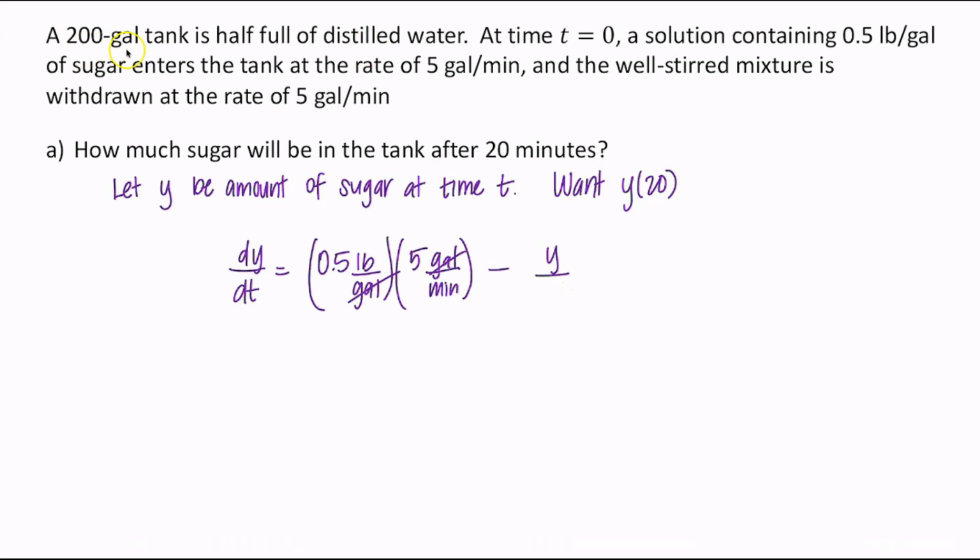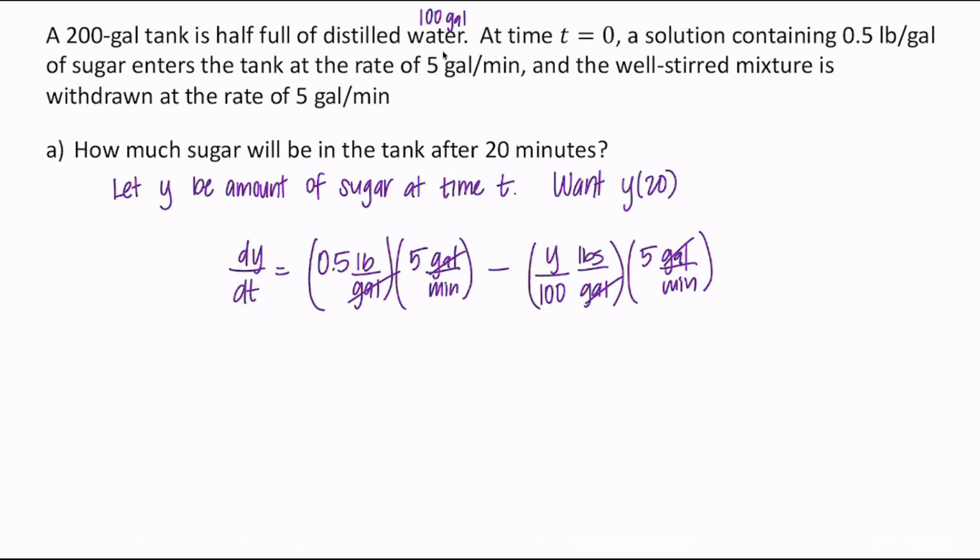So here, this 200-gallon tank is only half full of water. So if it's only half full of water, there's only 100 gallons in the tank. So the initial volume there is 100. So we have our concentration, Y in pounds per 100 gallons, and then times the rate at which it's leaving, that 5 gallons per minute.